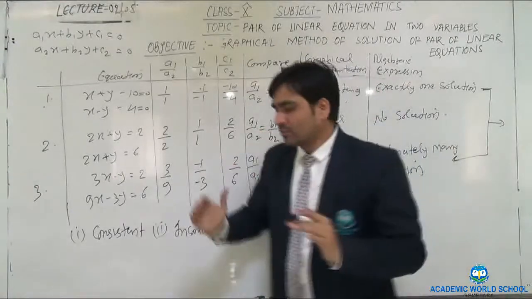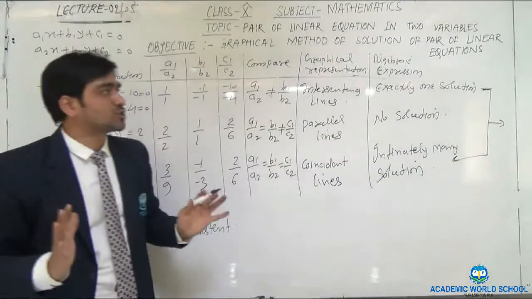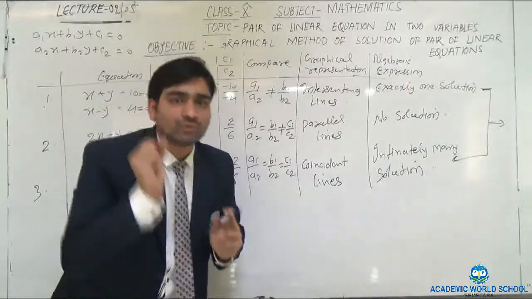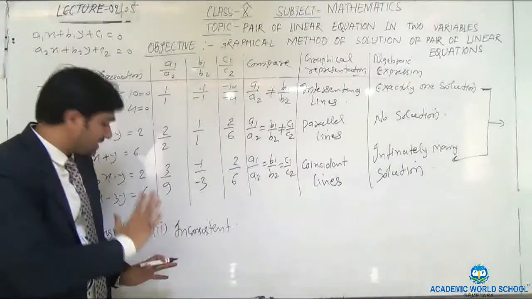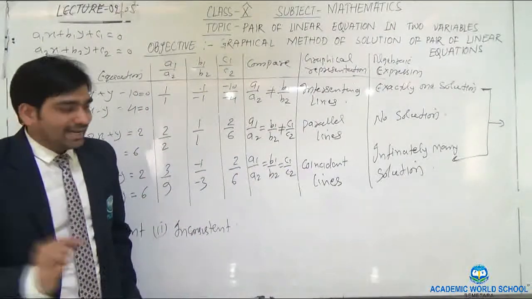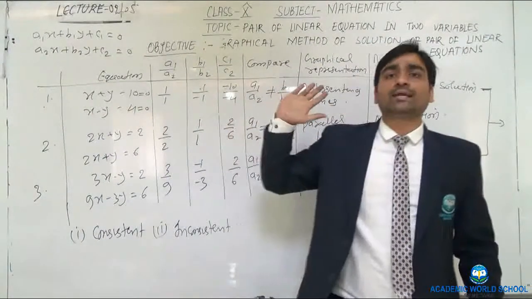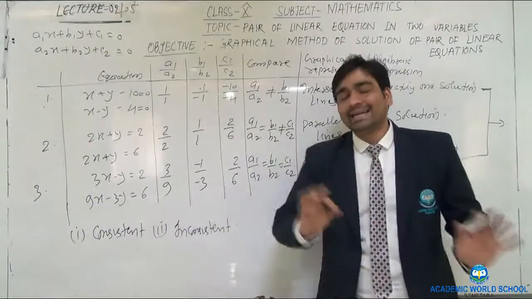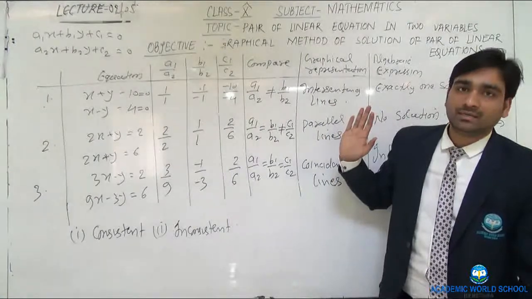Whenever we are able to find the solution of a pair of linear equations, this is called consistent, whether exactly one solution or many solutions. And if there is no common point or we are not able to find any solution, this is called inconsistent. Is that clear?